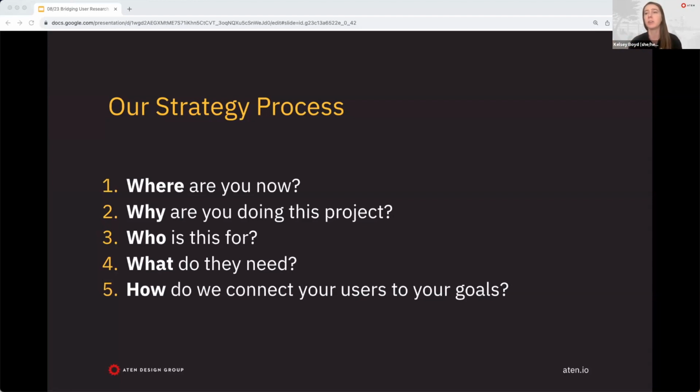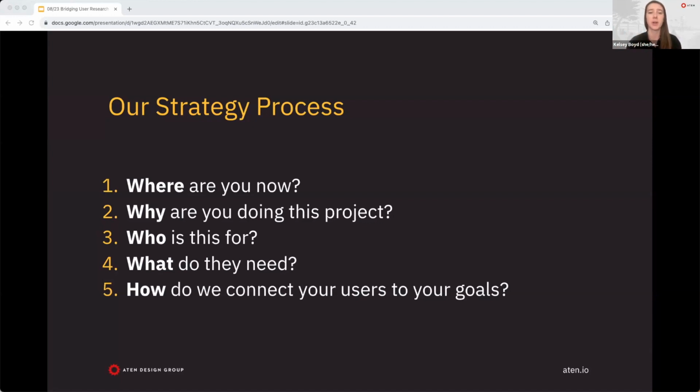So making sure that we have a clear understanding of the mission of the organization or institution and can make sure that the work that we're doing supports the high level and overarching goals of your organization, and that it's not just seen as a side project, but that the website is really a tool to support your overall mission.